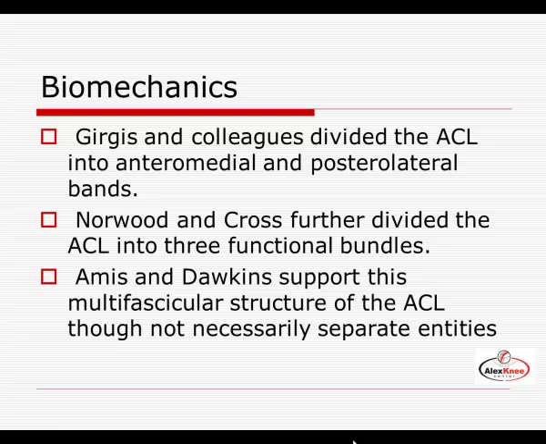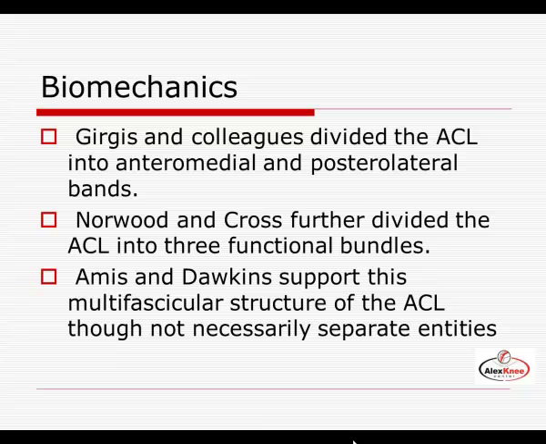Girgis and colleagues divided the ACL into anteromedial and posterolateral bands, and this is of course the basis behind which Fu and co-workers have also stated that the ACL is definitely divided into two different bands, anteromedial and posterolateral. Norwood and Cross further divided the ACL into three functional bundles, so it looked like an endless classification into 2, 3 or more.